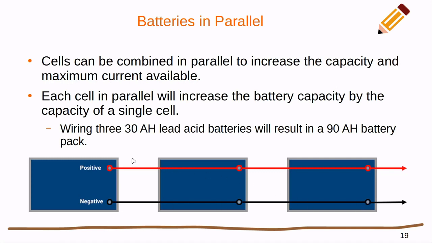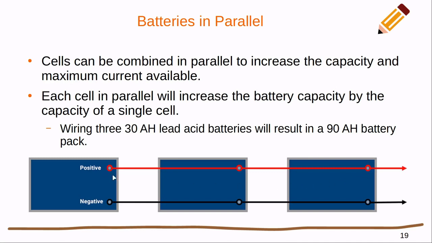All right. Now, in theory, you are going to increase the capacity 3 times. In theory, you're going to be able to draw 3 times the amount of current in there. In practice, that's not entirely true. All right.